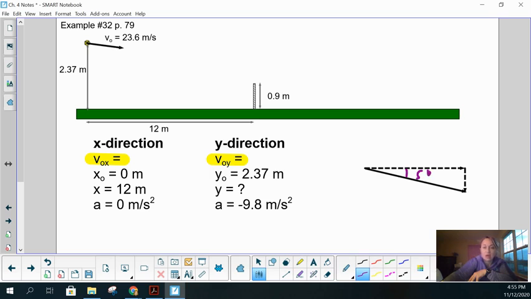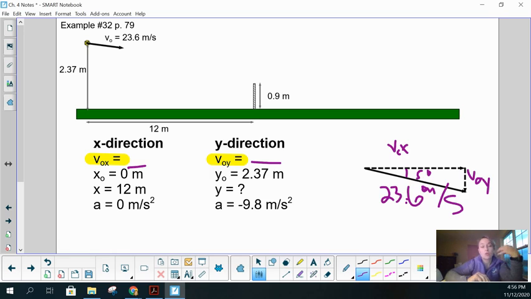We have an initial velocity still of 23.6 meters per second. You want to find your initial velocity in the x direction and your initial velocity in the y direction. So you want to find those two components of that vector. You're going to list those here and here.